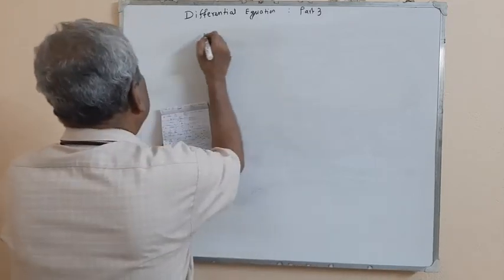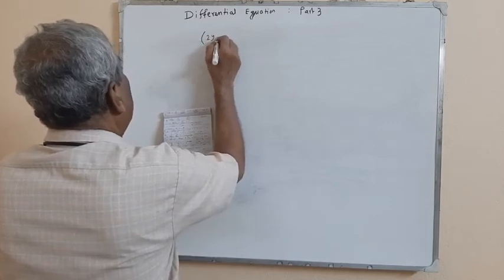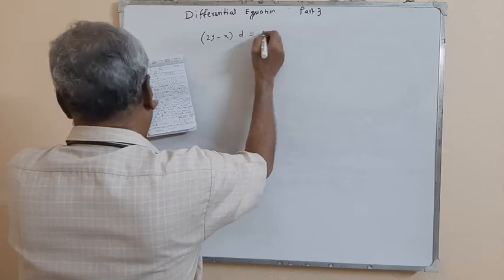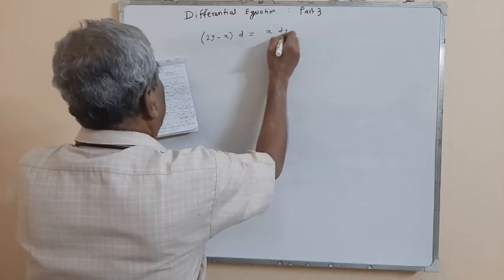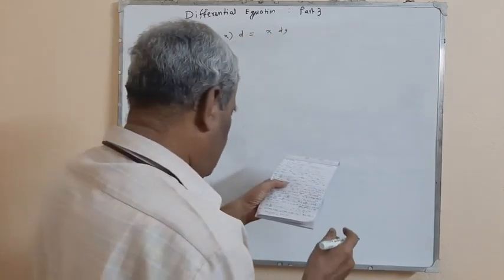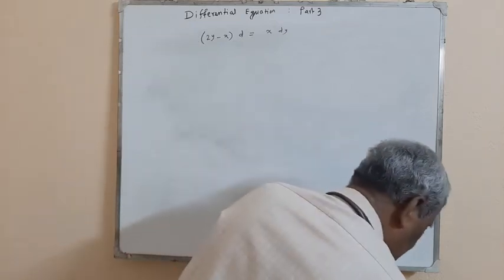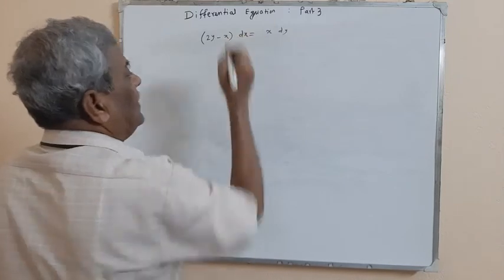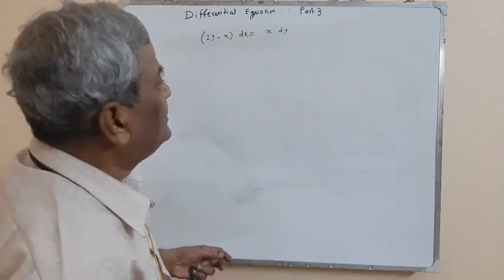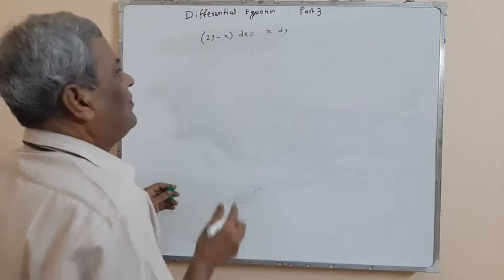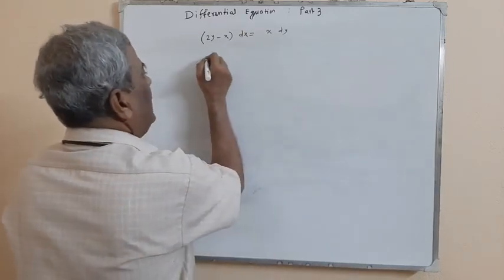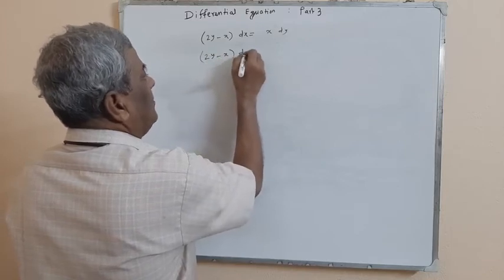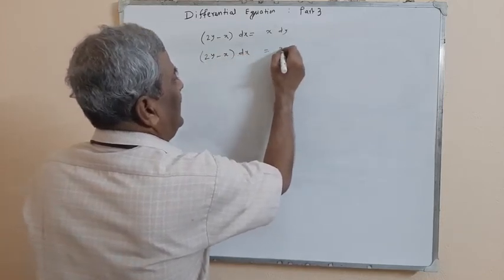Solve (2y minus x) dx equals x dy by dx. By arrangement of terms, we can solve it. This is actually (2y minus x) dx equals x dy.